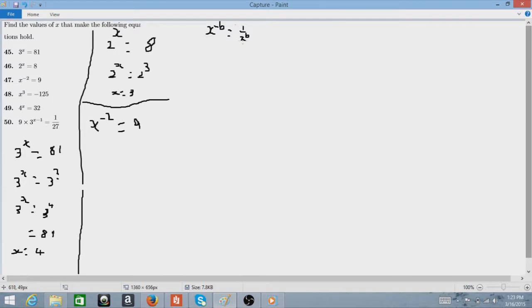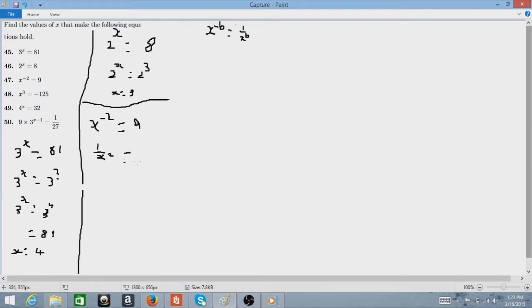It's the same thing here. We have x to the power of minus 2, so it'll be the same thing as 1 over x to the power of 2.